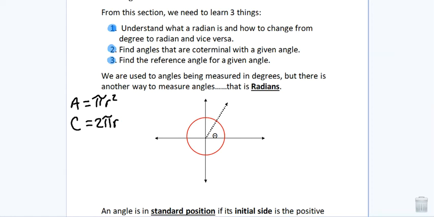Circumference is 2 pi r, or pi times diameter. You've heard that before. This idea of radians is really not that tough of a concept, because this formula is telling you that there are 2 pi radii in the circumference.